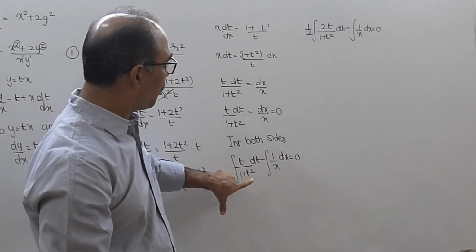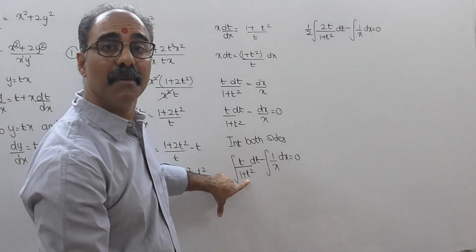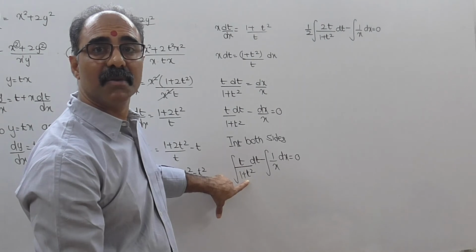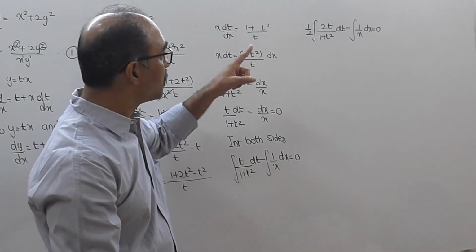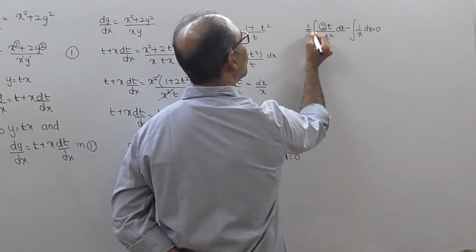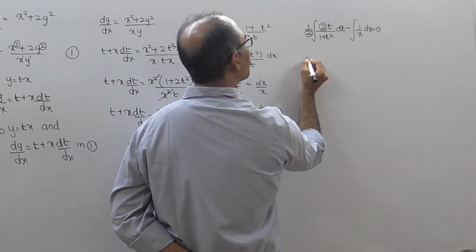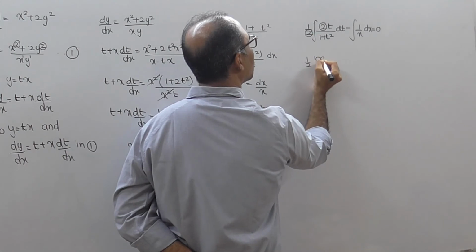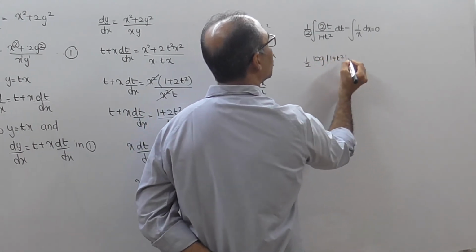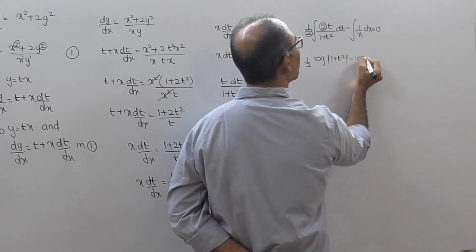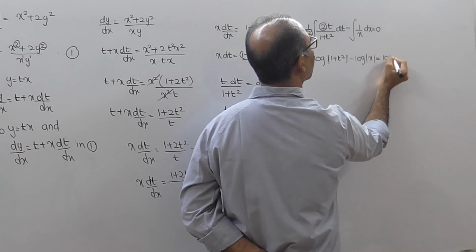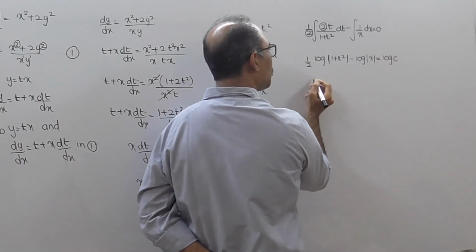So the derivative of the denominator 1 plus t square will become 2t. So it becomes easy to solve. So I have multiplied the numerator by 2 and out I am putting half. So I get this as half log modulus of 1 plus t square minus log modulus of x, and I can say that is equal to log of c.